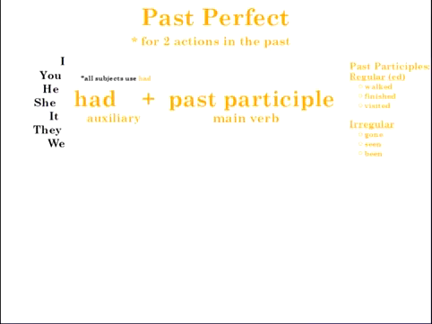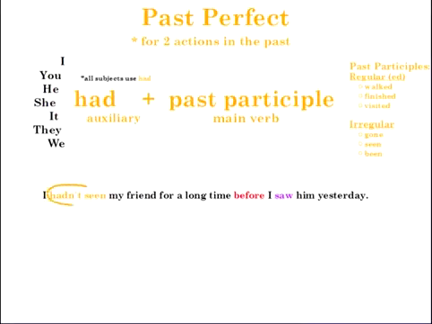Let's take a look at an example. I hadn't seen my friend for a long time before I saw him yesterday. If I look at the past perfect here, I hadn't seen my friend for a long time.